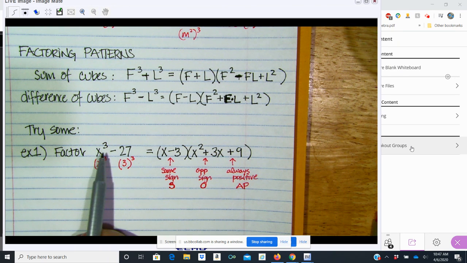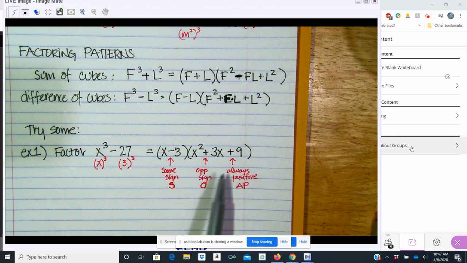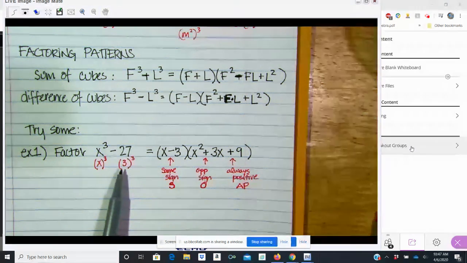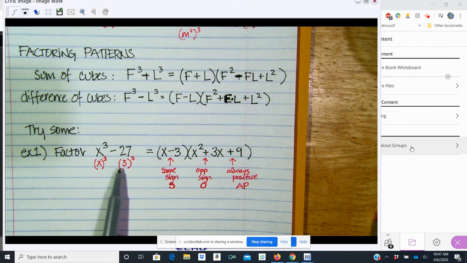The cube root of x cubed is x. The 3x comes from multiplying the cube roots together. Okay?